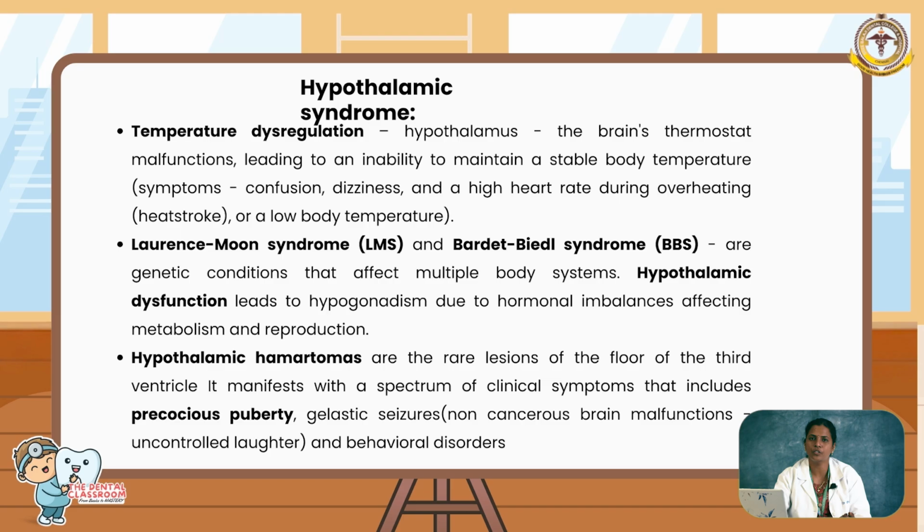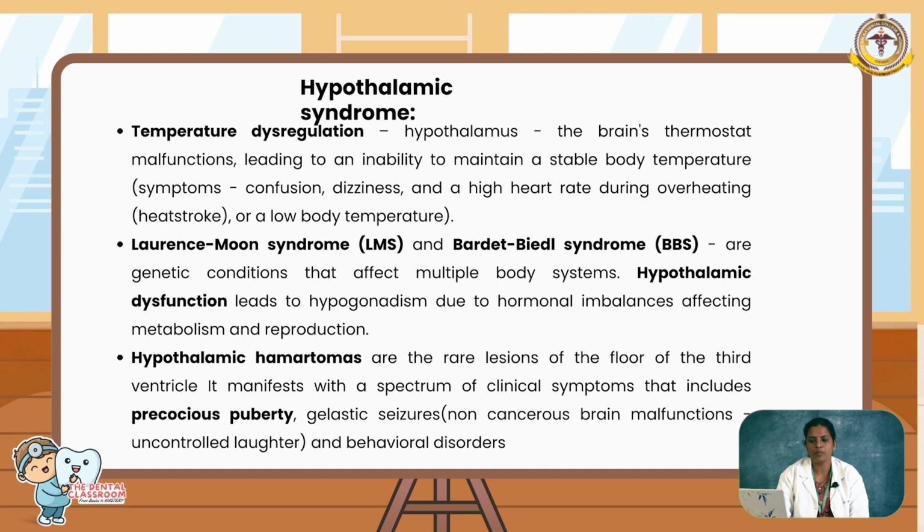What happens? It is going to cause multiple changes in the body, again due to hypothalamic dysfunction, leading to hormonal imbalance, and thus there are metabolic disturbances and reproductive disturbances happening in your body.